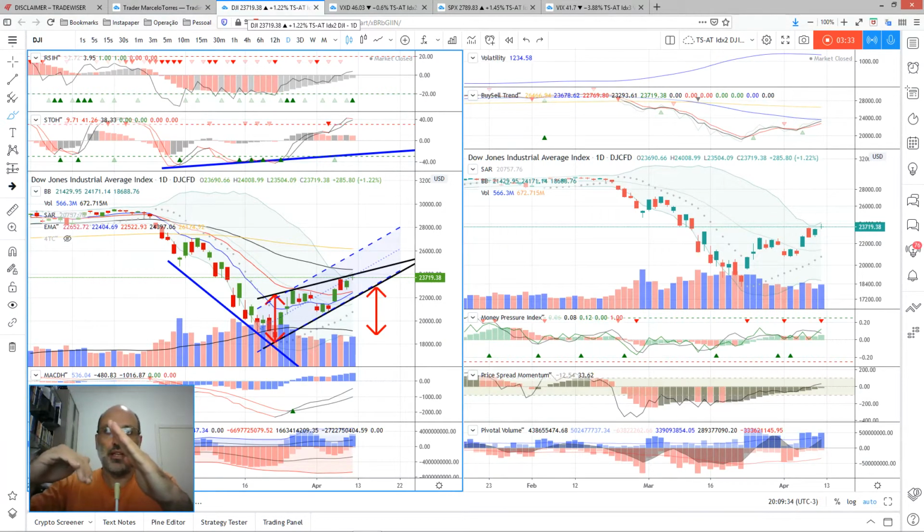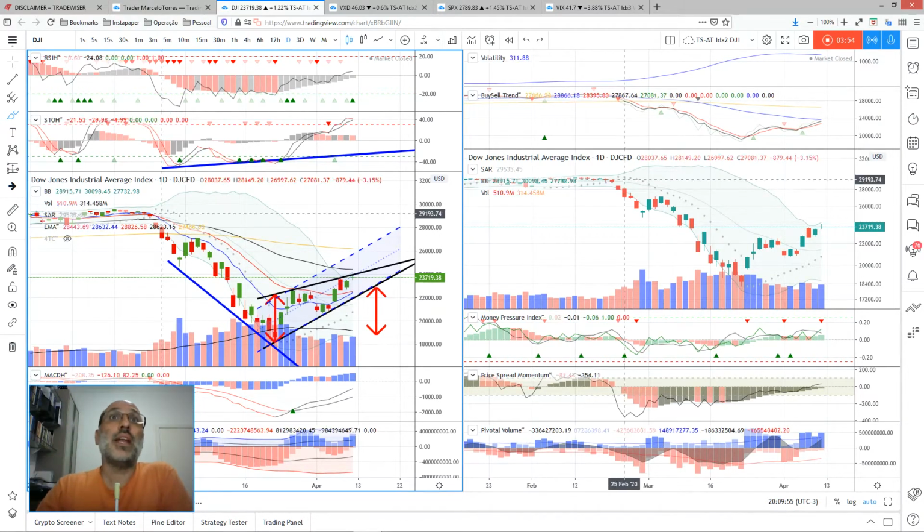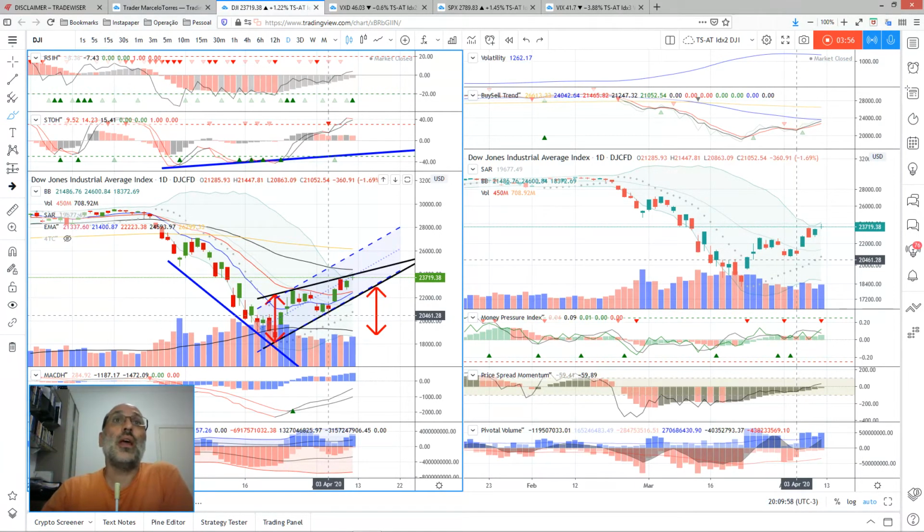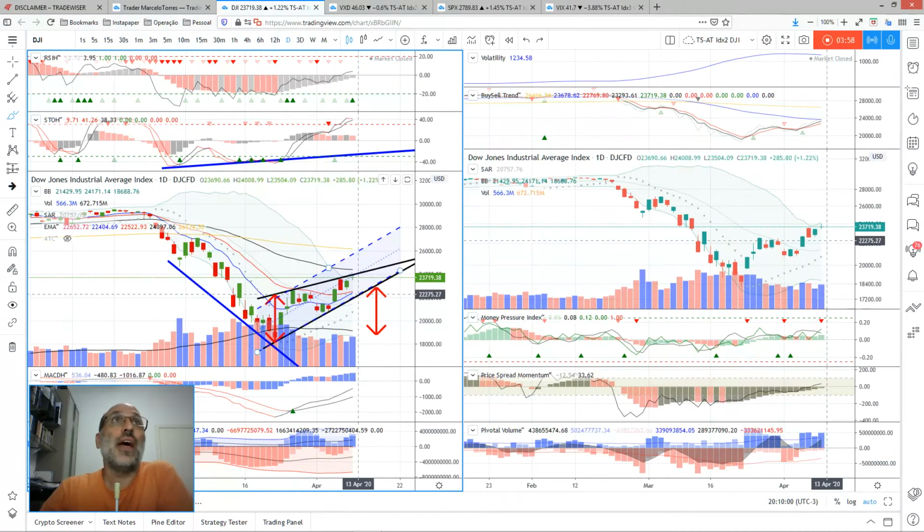Because if the index was going down, then it was confirming that this move was on risk, or was confirming that it was positive. That's why it's moving on. Or if the opposite, it was negative, the index was saying that the Dow Jones index was on risk because it was going down.